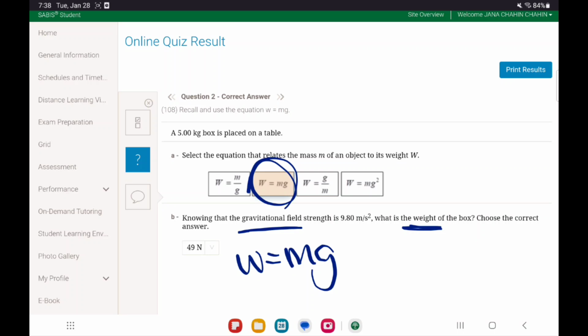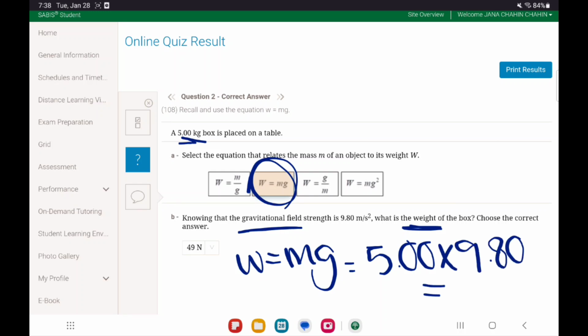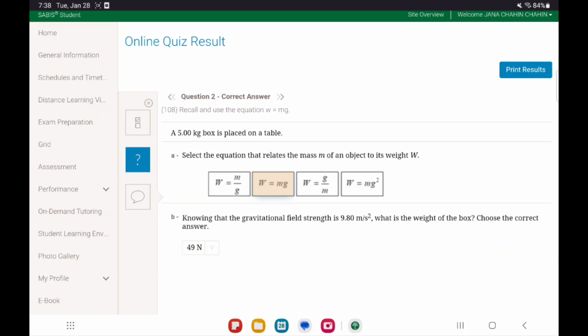So m, we have it here, it's 5, so weight equals 5.00 times 9.80. You go on your calculator. 5 times 9.8 equals 49. And that's your answer. Now let's go to question number 3.